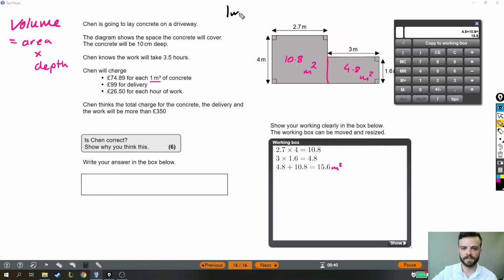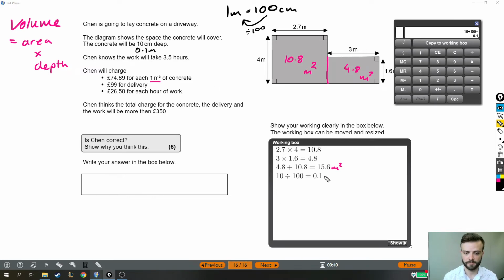Now we know that 1 meter is 100 centimeters, which means to go from centimeters into meters, we are dividing by 100. So if I take that 10 centimeters and divide by 100, that will turn it into meters, so it is 0.1 meters.